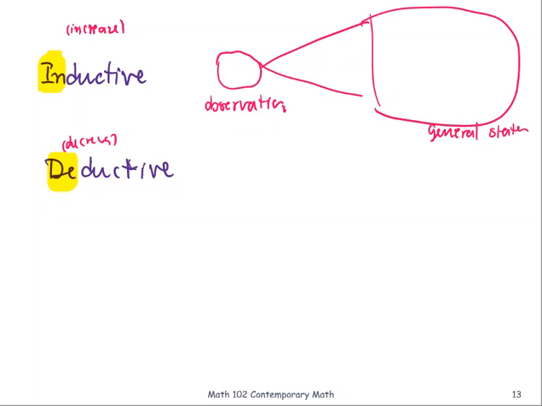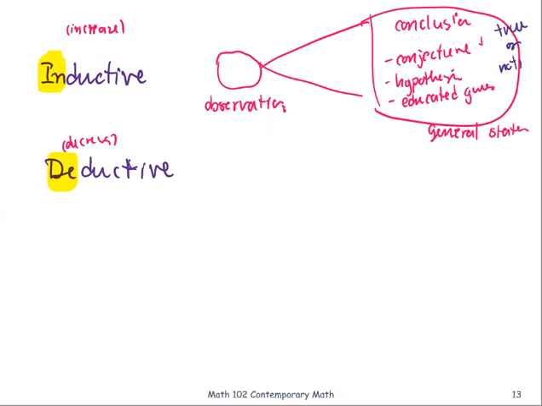So based on the observation, this is the conclusion, and the conclusion is called the conjecture, or the hypothesis, or the educated guess. So it may be true or not true.